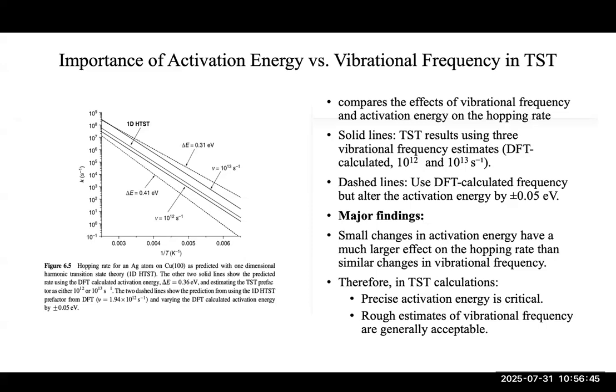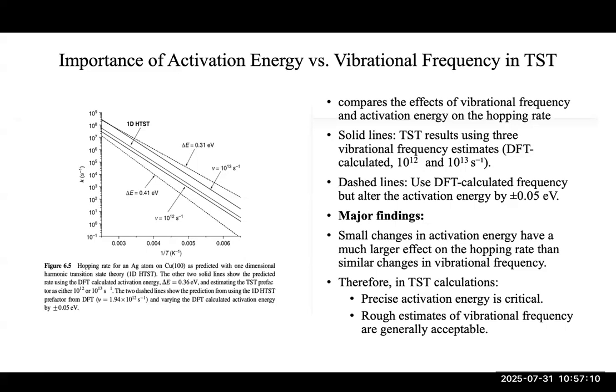And the two dashed lines show the prediction from using the one-dimensional harmonic transition state theory. The prefactor is similar to the above, around 10 to the power 12 or 13. And varying the DFT calculation, the activation energy also varied by around plus or minus 0.05 electron volts.